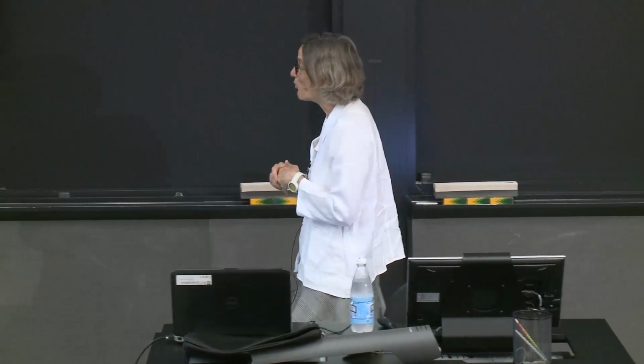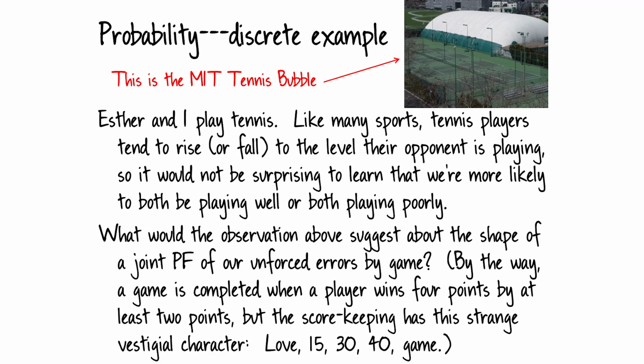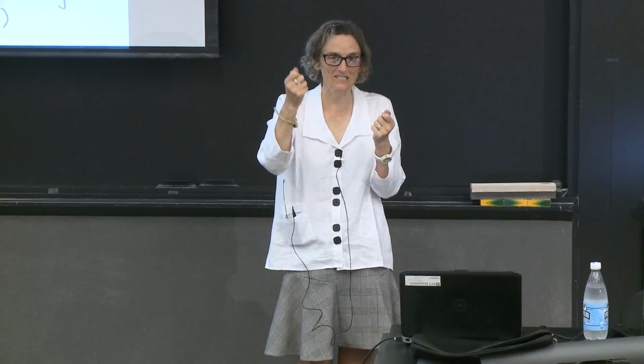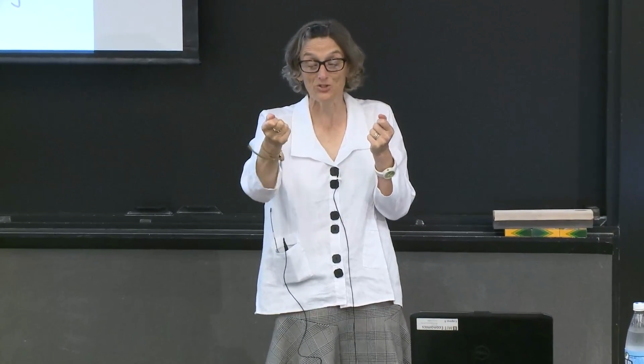Okay, so what does this observation that we're typically both going to be playing well or poorly suggest about the shape of this joint PDF or joint PF of our unforced errors by game? Any guesses? Well, if you think about it, the probability is going to be concentrated around values of x and y. So let's say x is the number of unforced errors that Esther is responsible for, and y is the number of my unforced errors.